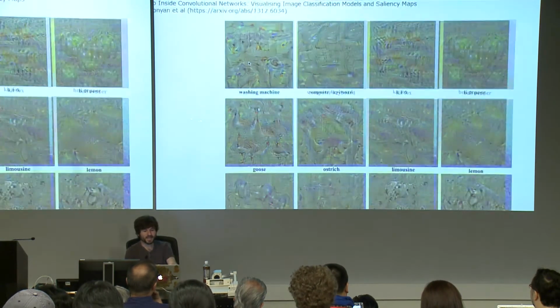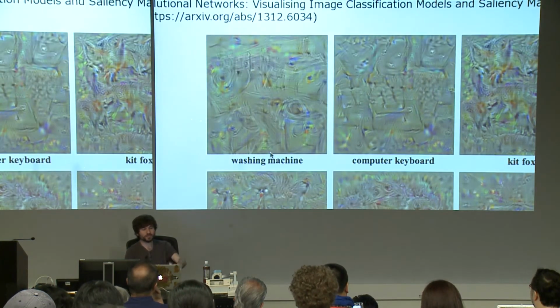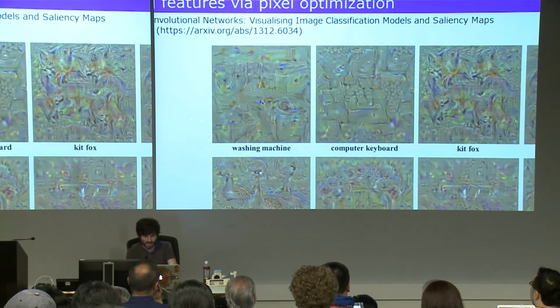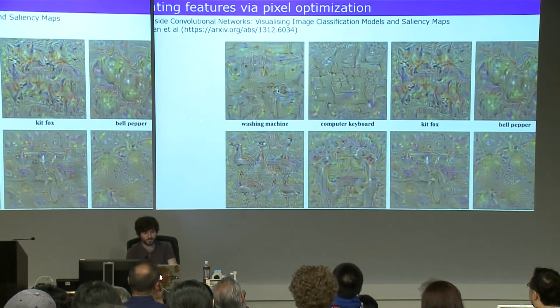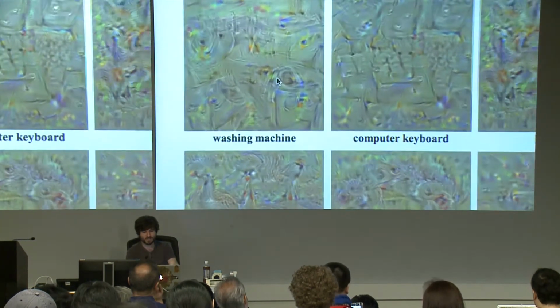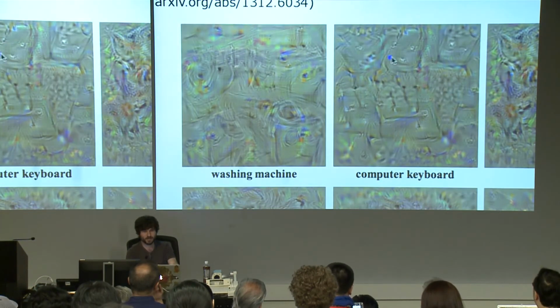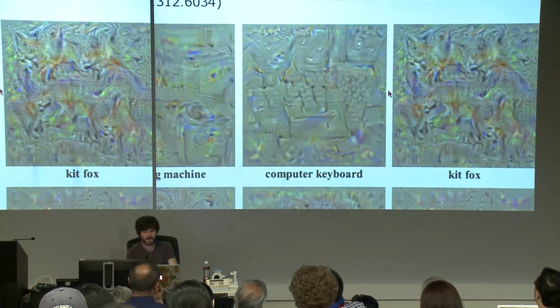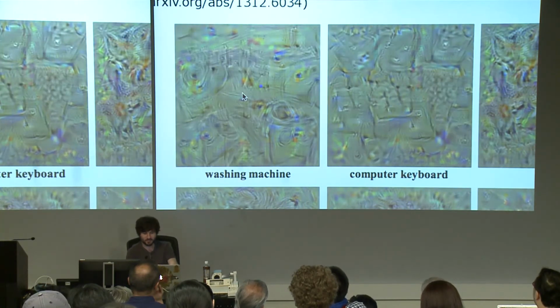And they asked, can we synthesize an image which will convince this neural network that it's looking at a washing machine? And it looks kind of like this, right? Now it doesn't look terribly impressive. This was 2011. But you can kind of see something washing machine-like happening here.